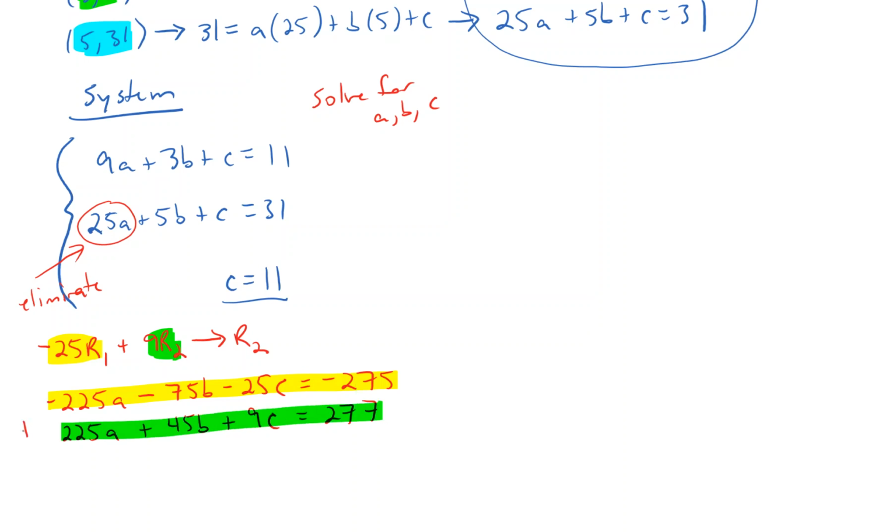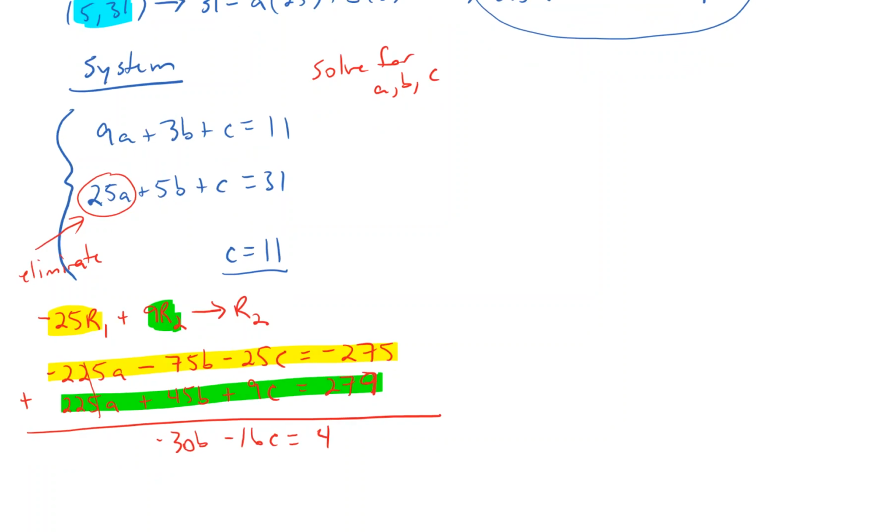I'm going to add those together, giving me 0a, which is what I want, negative 30b minus 16c equals, sorry, my 277 should be 279, so this gives me 4. And now that's my new row 2.